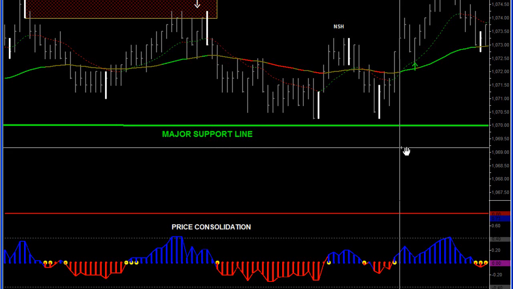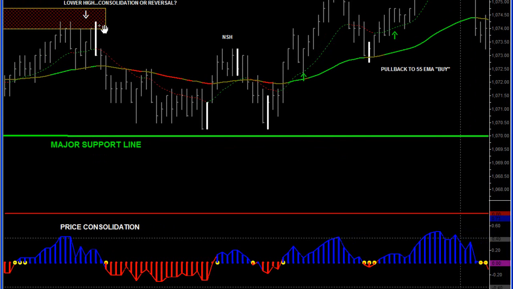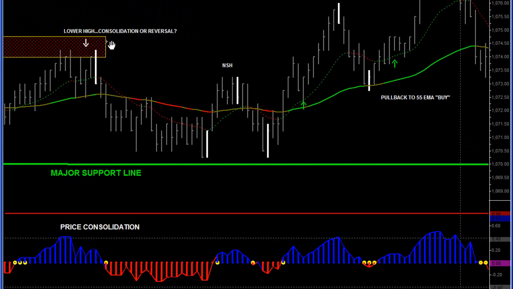As you can see here, DMI was also consolidating, and we were holding above this new major support line that I have highlighted. So we're assumed to be in a sideways range until these prior highs get taken out. New swing high here, coming off this pullback into pivot.